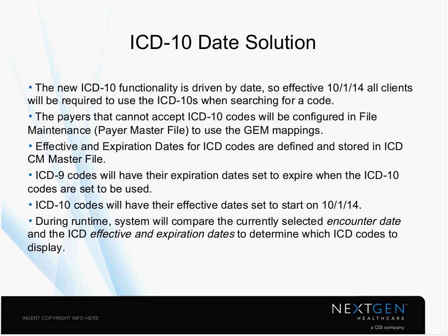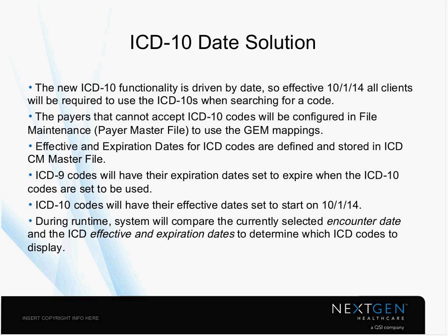Let's say that the provider starts documenting the last day of September for a particular patient, and he or she doesn't finish the documentation. They come the next day, and if we had just turned it on or turned it off, they would be stuck. They wouldn't be able to document the ICD codes accurately based on actual date.